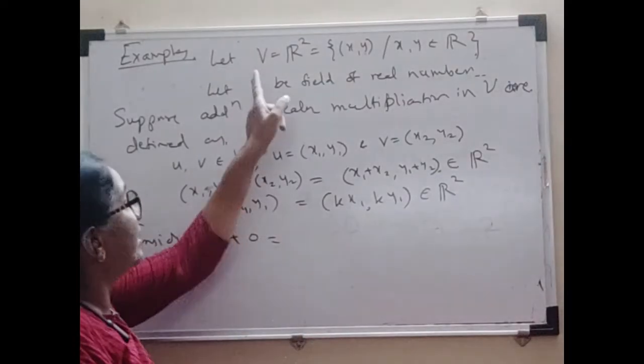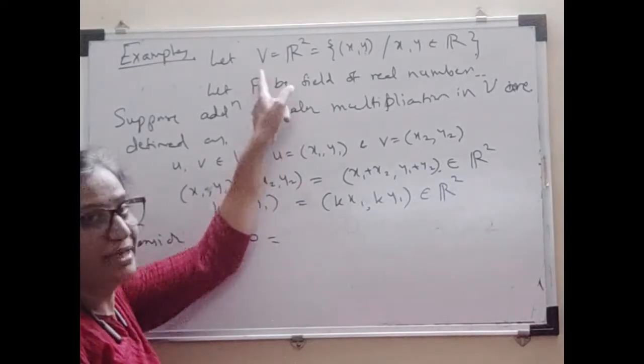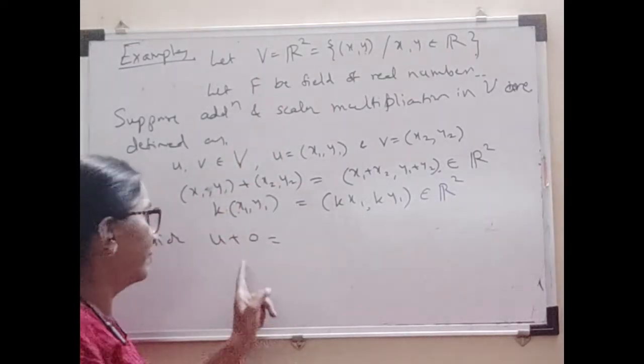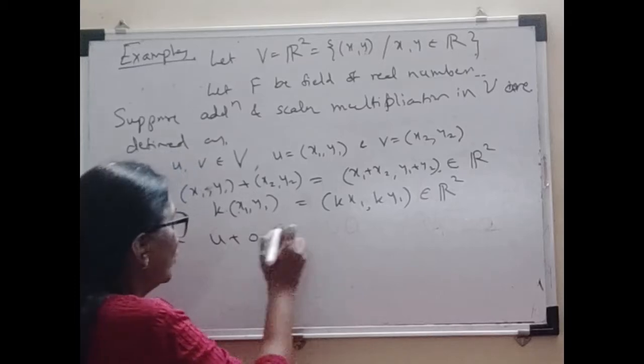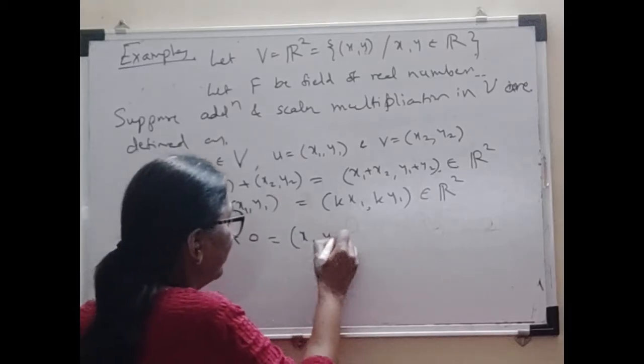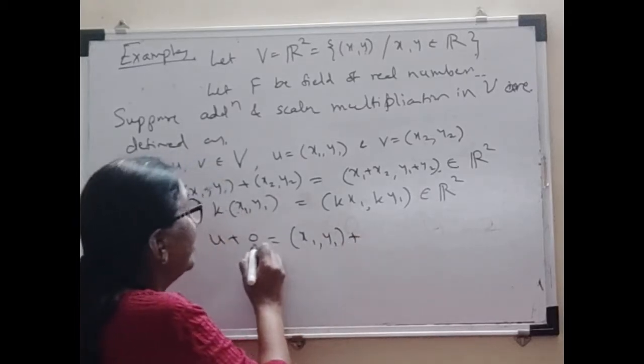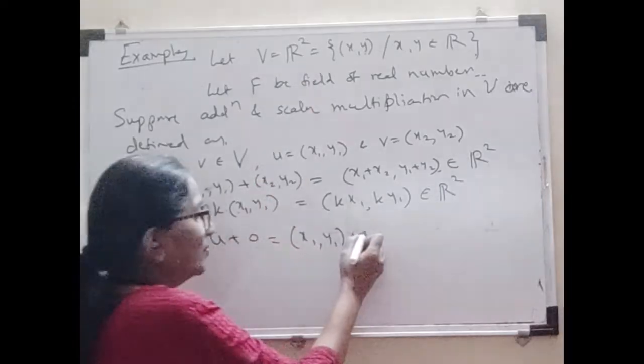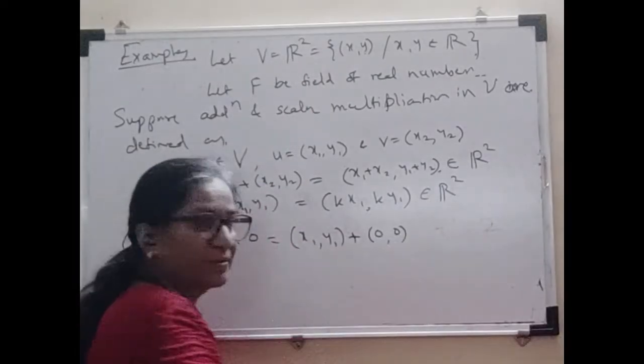For the algebraic structure V over F to be a vector space, consider u plus 0. So u is nothing but (x1, y1), and this 0 is the 0 vector from R2. So I can define this as (0, 0).